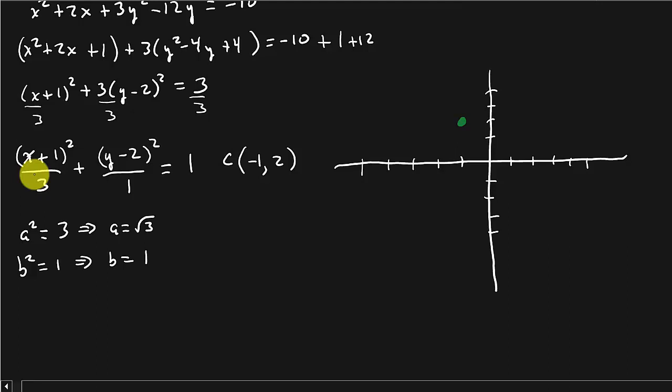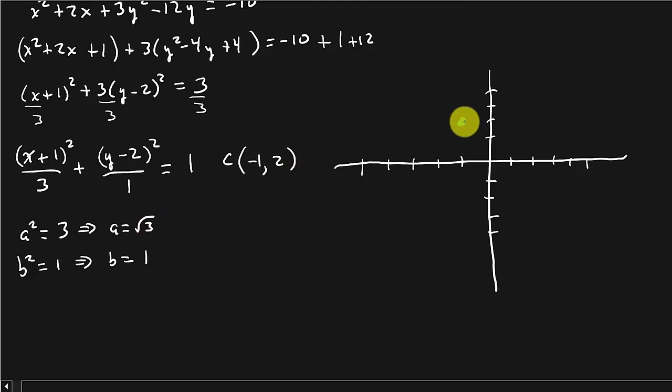So, what I need to do now is let's plot my vertices. Okay, let's plot my vertices. All right, so to plot my vertices, that's going this way, right? So a is square root of 3.